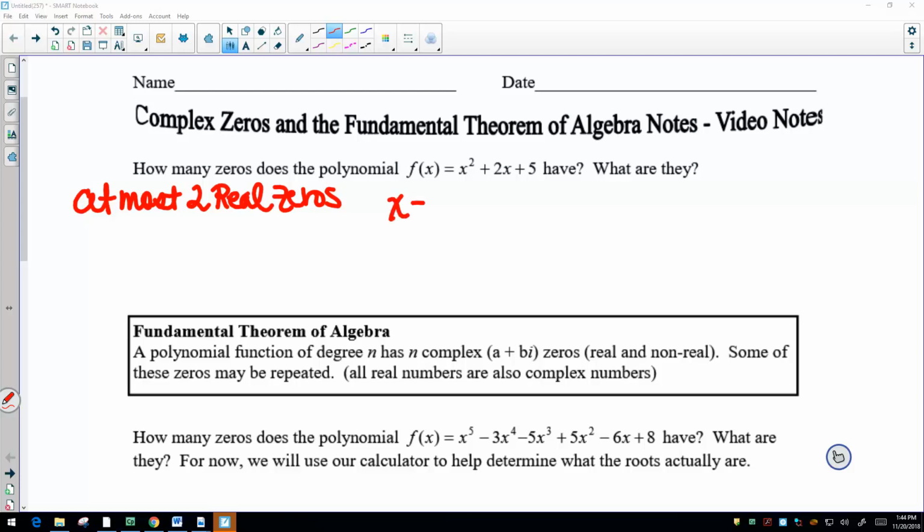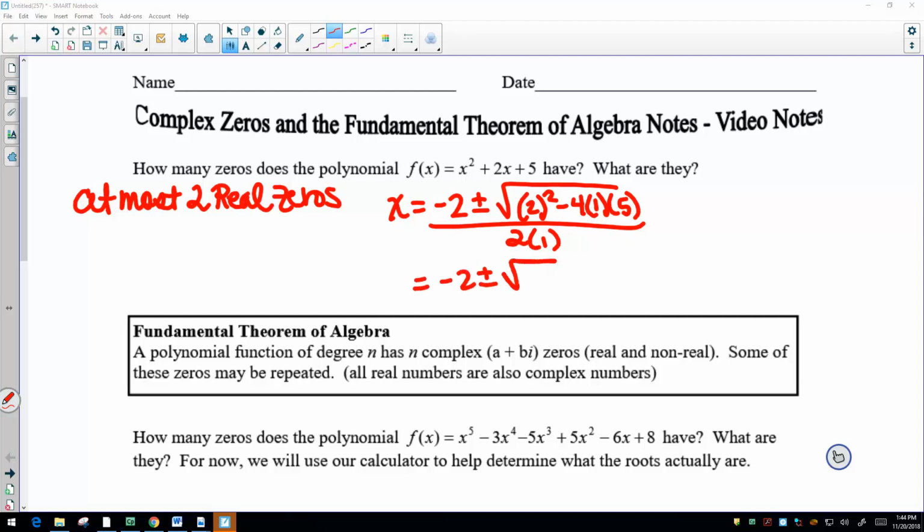So then I would use my quadratic formula, negative b plus or minus the square root of b squared minus 4ac, all over 2a. If we simplify this, this is going to get us negative 2 plus or minus the square root of negative 16, all over 2.